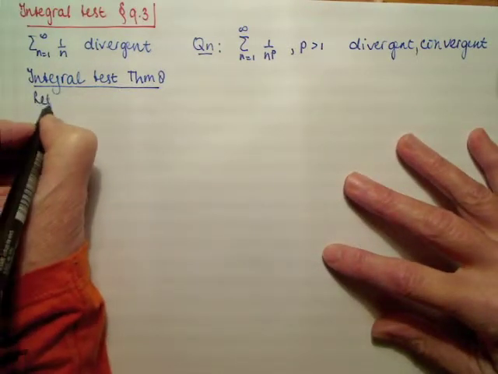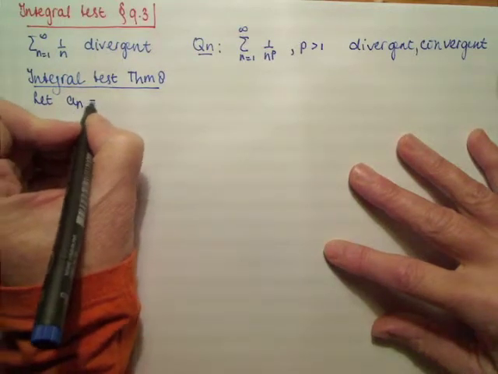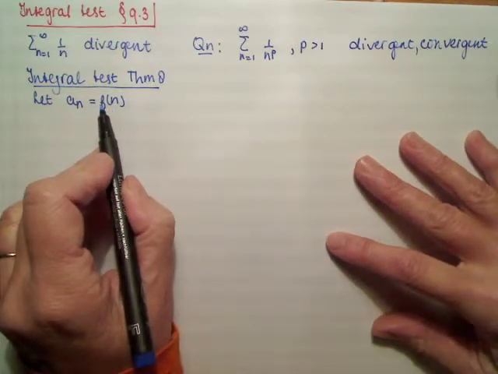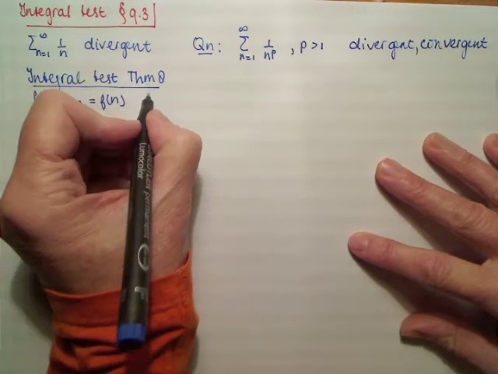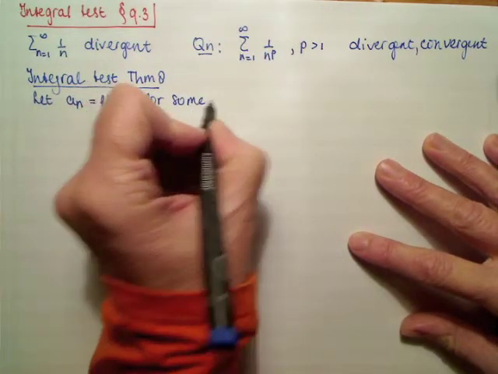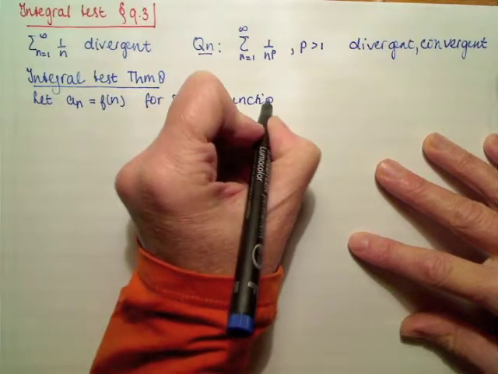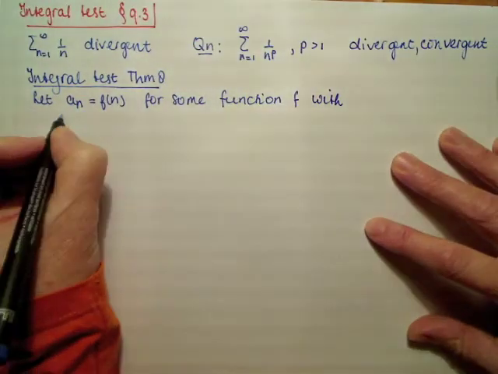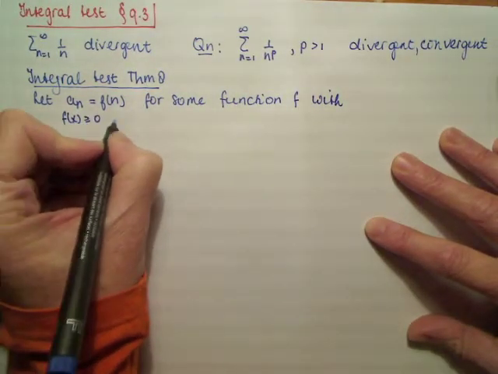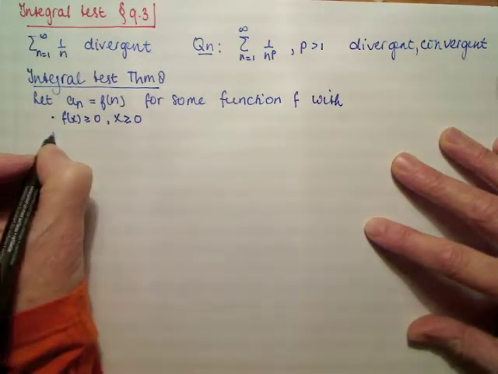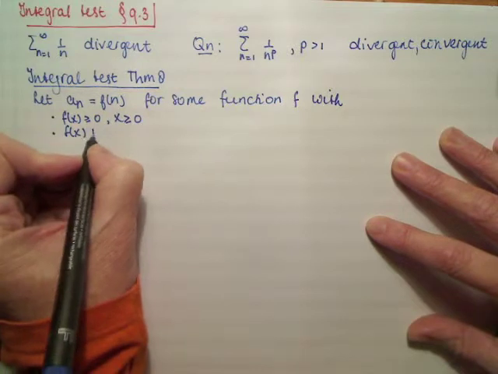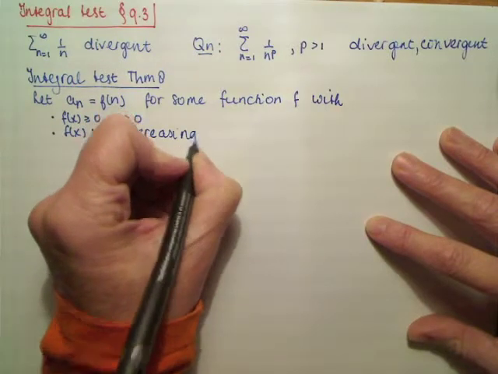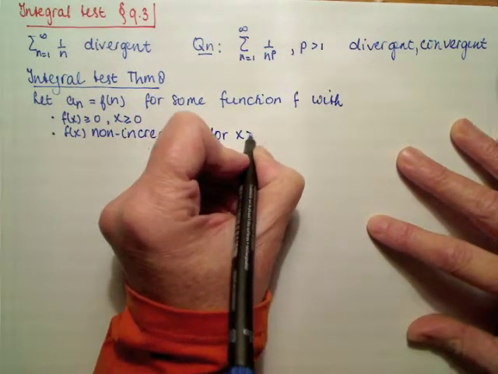So let us be given a sequence of numbers a_n, but these a_n's are in fact equal to a given function f evaluated at the point n, for some function f, and we have to require some properties for this function f, namely the following ones: that f(x) is non-negative for x non-negative, and what is even more important is that f(x) is non-increasing, well, starting from some large number N.